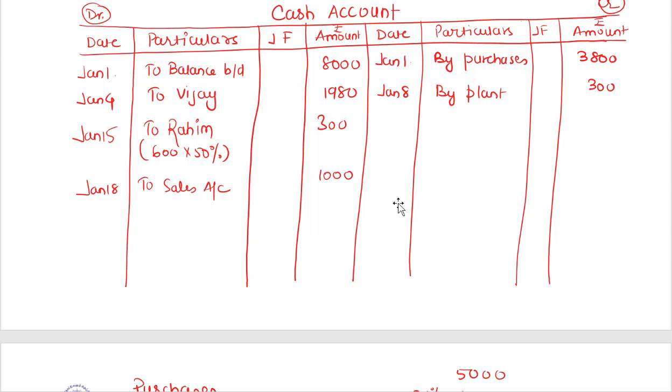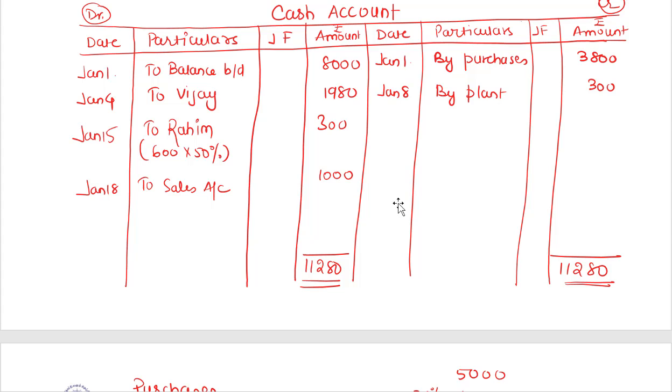Let's do the totals. 8,000, 9,000, 10,000, 11,280. The larger total will be taken over here from debit side to credit side.